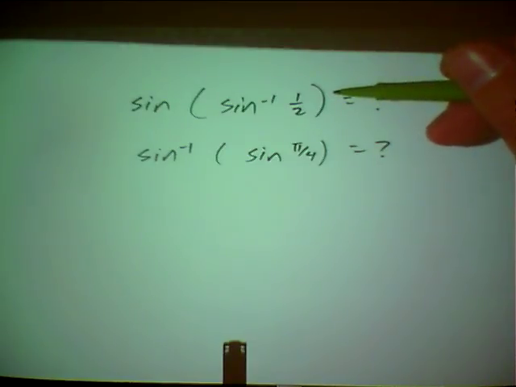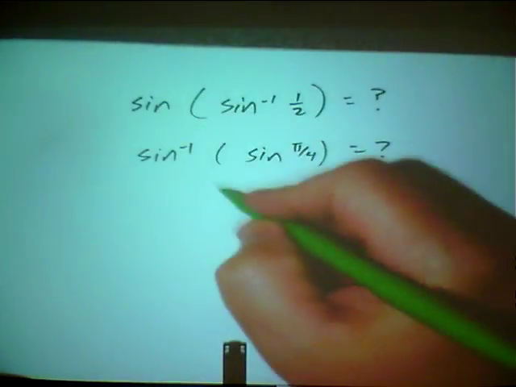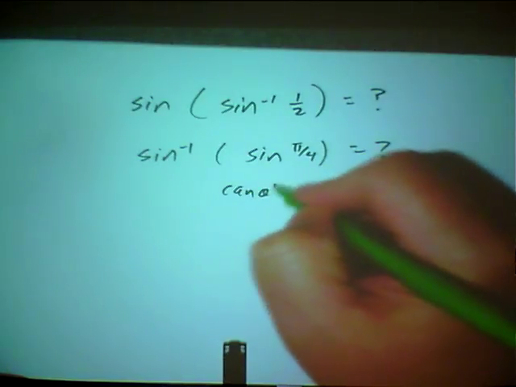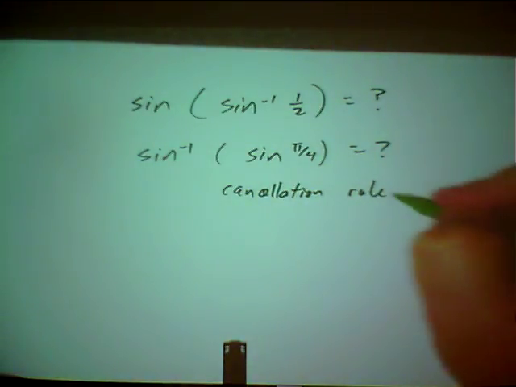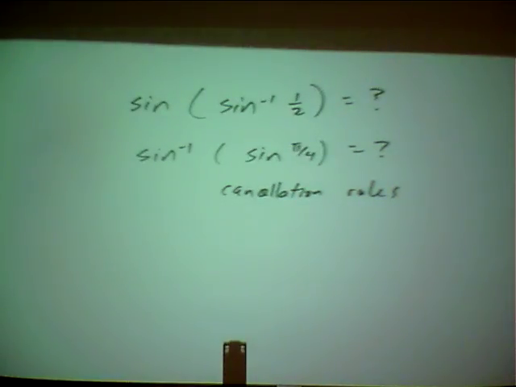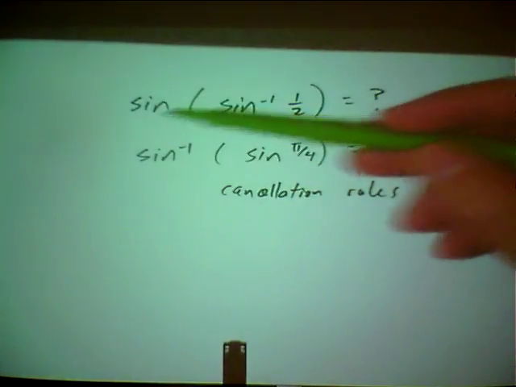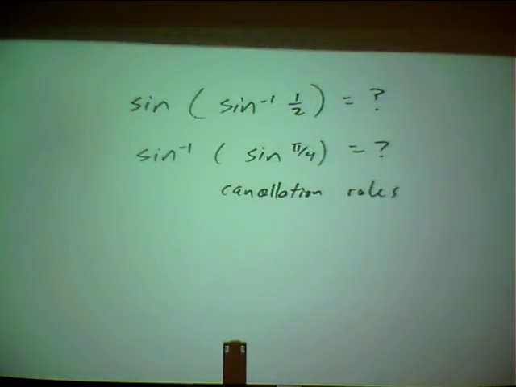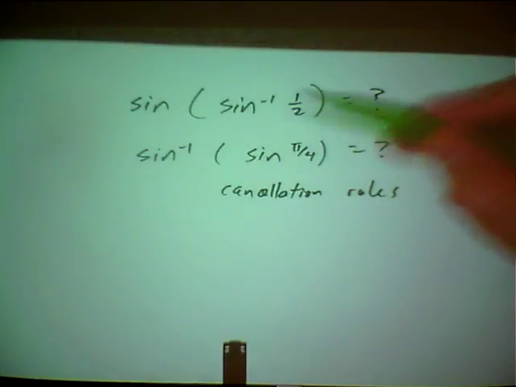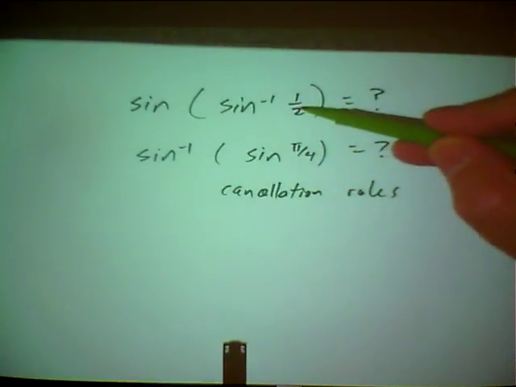That's why sometimes these are called cancellation rules, because it's like the sine and the inverse sine sort of negate or cancel each other out, and the answer is just what you start with, 1/2.